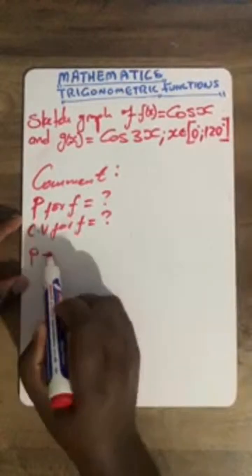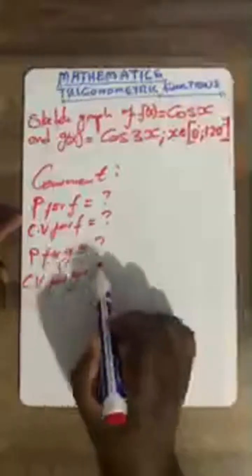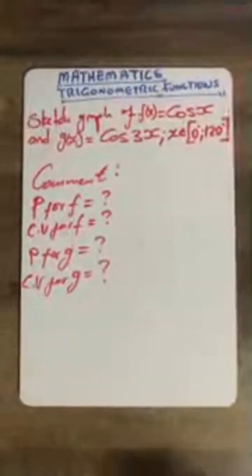Then the period for g, it's equal to whatever. So you firstly need to calculate those, and once that is done, you comment.